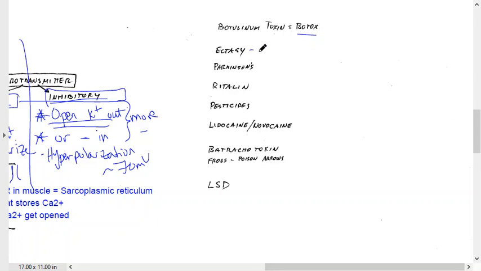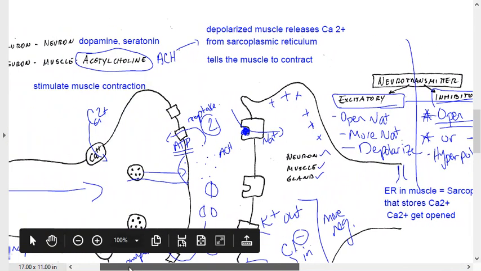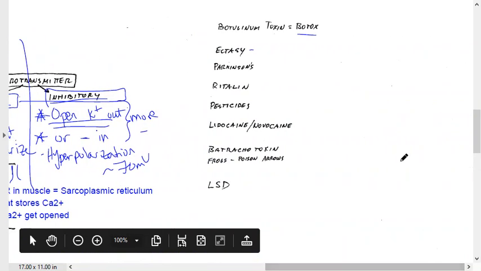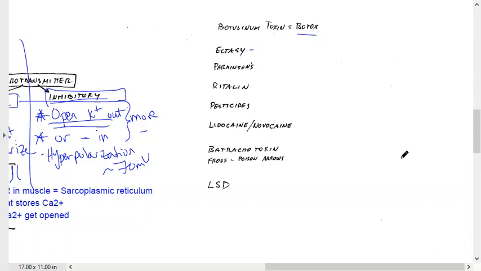Ecstasy blocks the reuptake of serotonin, so it hangs out in the synapse and prevents it from getting reabsorbed. So it constantly stimulates the next neuron. It makes you more alert. You get vasoconstriction, but your temperature also rises and you can actually die of overheating.